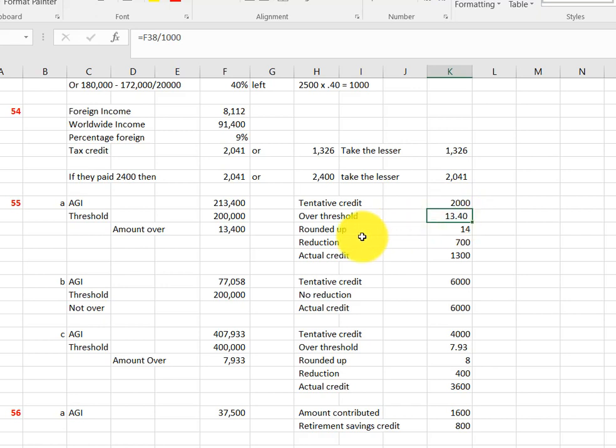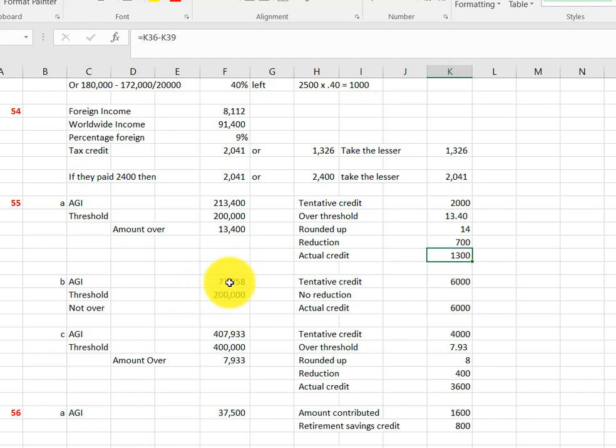We just divide our 13,400 by 1,000. We get 13.4. We round that up to 14. Always round up, even though typically you'd round 0.4 down. In this case, you round up every time, and you get 14. Multiply by $50 per $1,000 you're over, and your actual credit is $1,300.